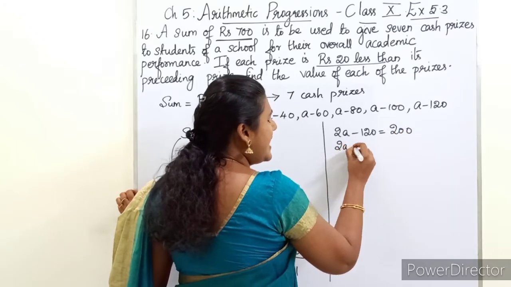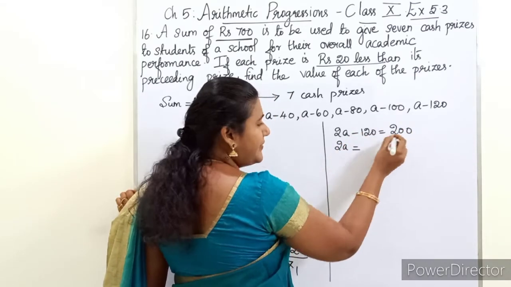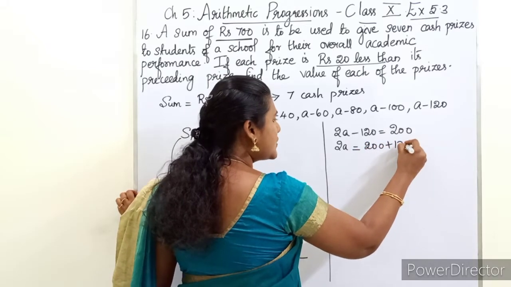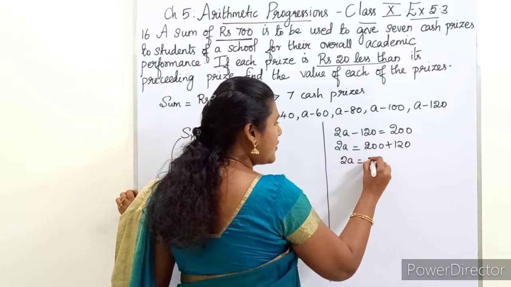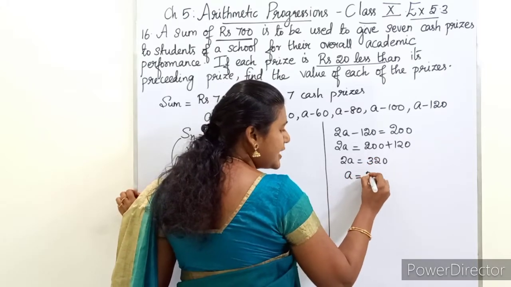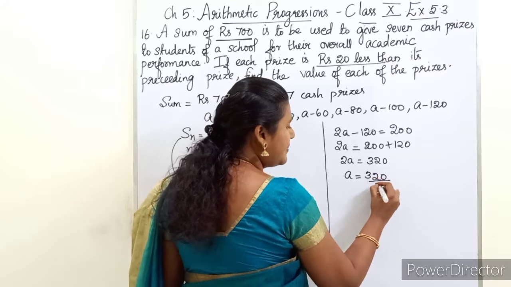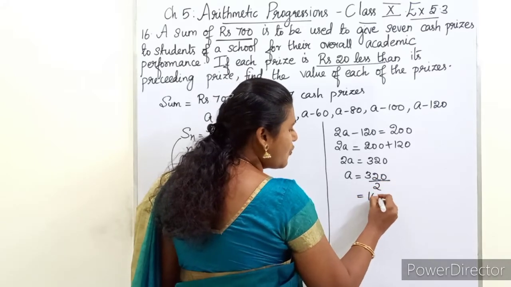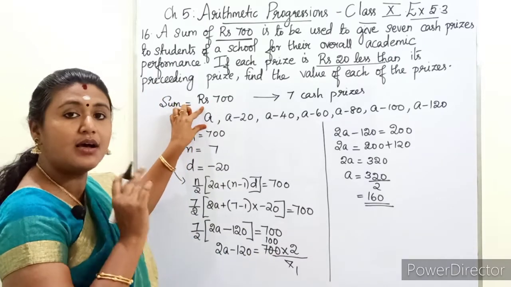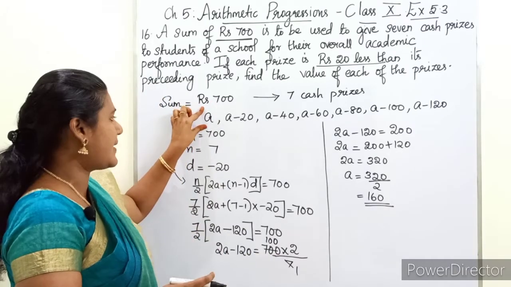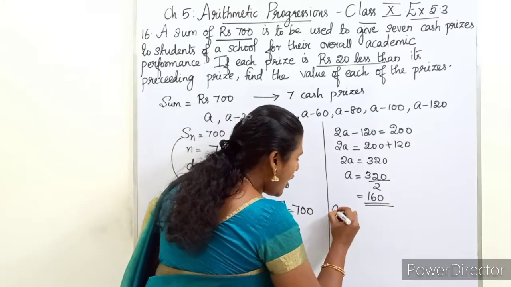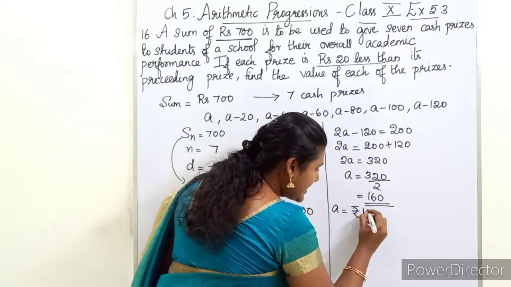Now the 120 we bring to the right side: 200 plus 120, so 2A is equal to 320. So what is the value of A? A is equal to 320 divided by 2, which is 160. So we got the first cash prize, A is equal to rupees 160.